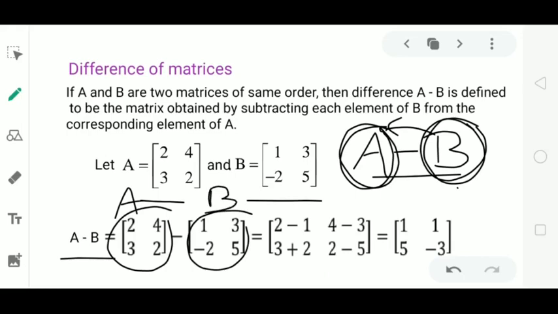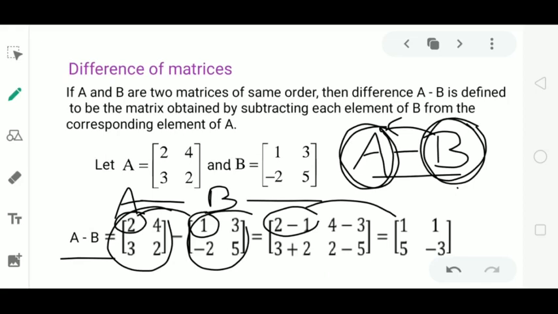That is, first element 2 of A minus first element 1 of B. This gives 2 minus 1, which is written in the first place. This results in 1.